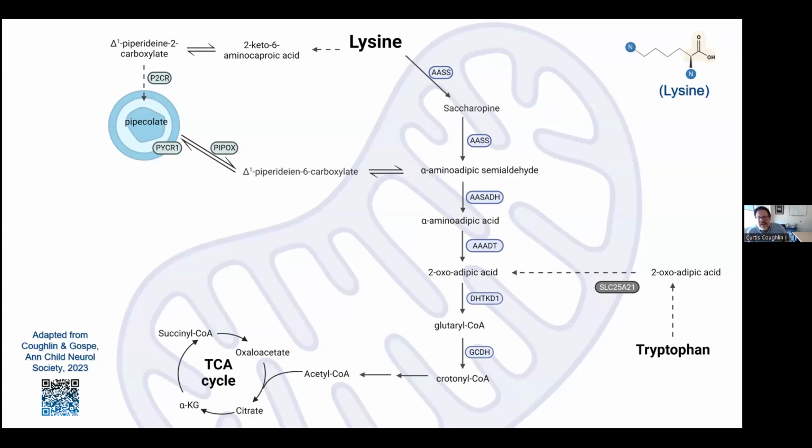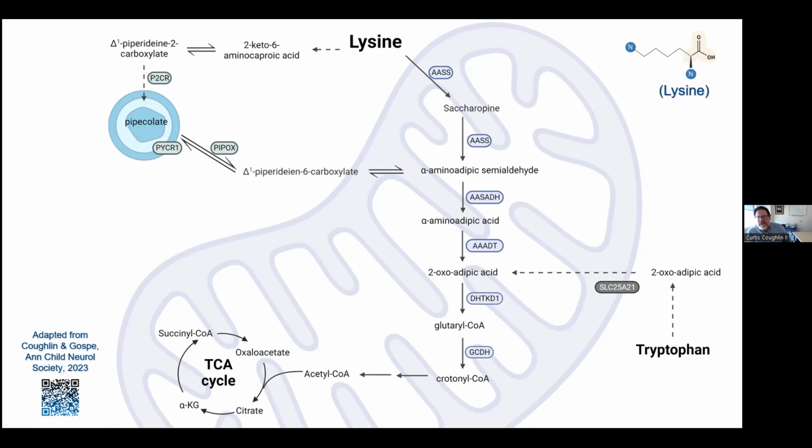It happens in the cytoplasm, the peroxisome, and the mitochondria. A couple of different amino acid pathways converge from tryptophan into lysine. And we really still do not understand why there are these two separate pathways in lysine metabolism.